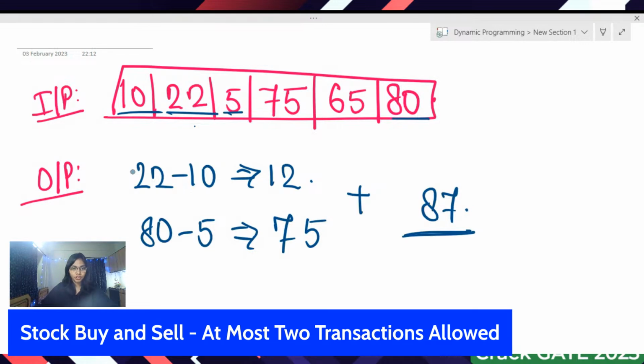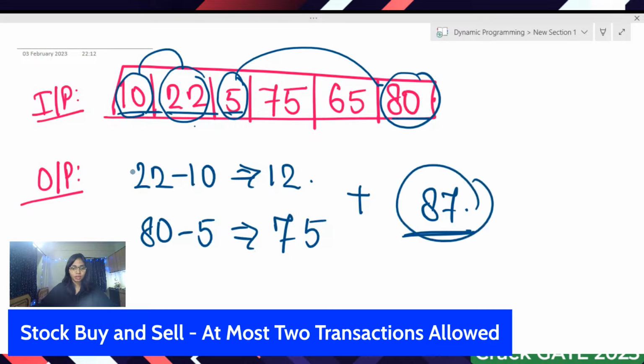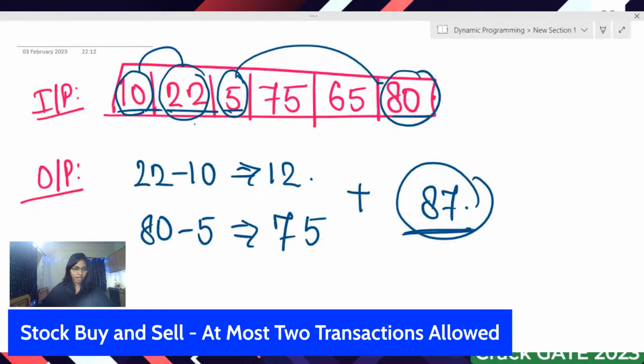So the first transaction was that we bought the stock when the value was 10 and sold it at 22, and then secondly we bought the stock when the value was 5 and sold it at 80. These are the 2 transactions that we made. In the output you need to return the maximum profit, that is the integer value.